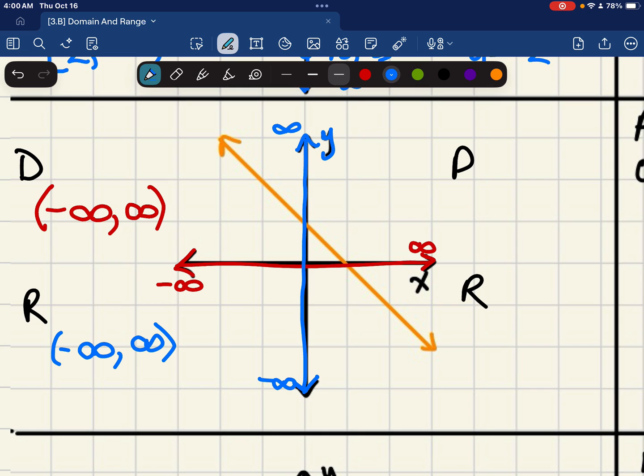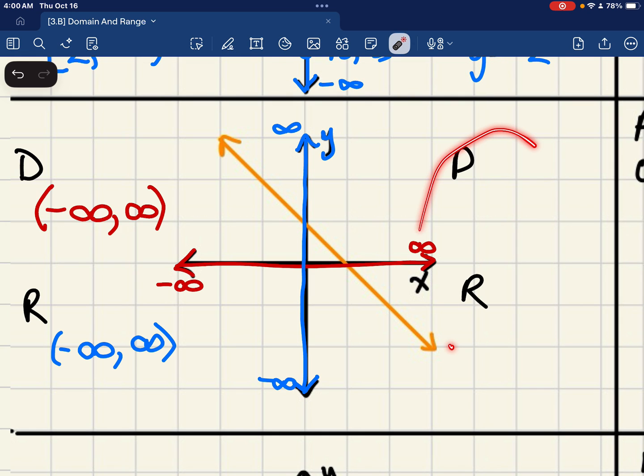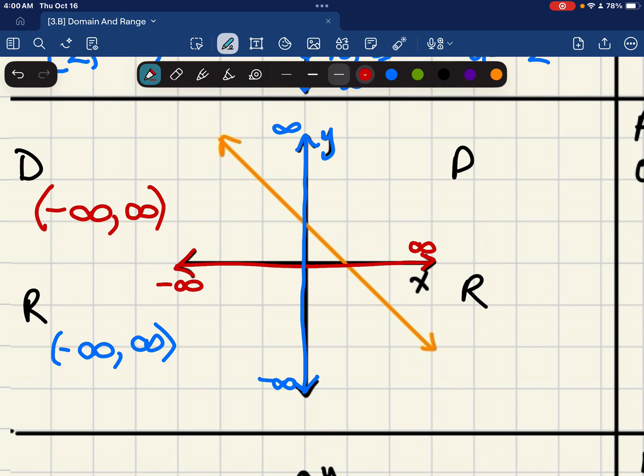Now that makes the domain and range really easy for our inequality notation because neither of these has any numbers for us to write stuff with. So our domain in this case is all real numbers. And our range in this case is all real numbers. So we don't have to actually write any inequalities on that. And that's okay.